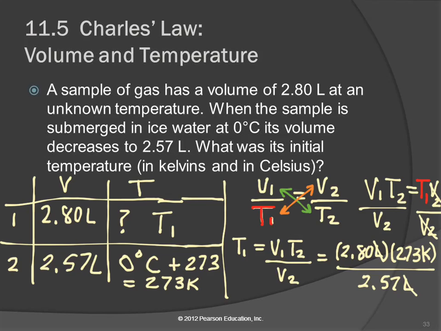So 2.8 times 273 divided by 2.57 equals. So T1 equals 297 Kelvin. For some reason, my brain suddenly thought I was looking for a volume.